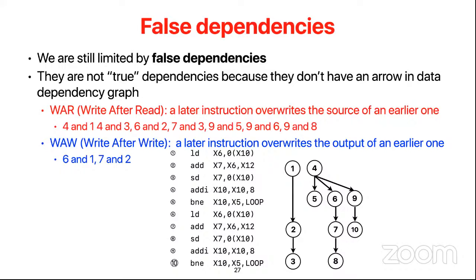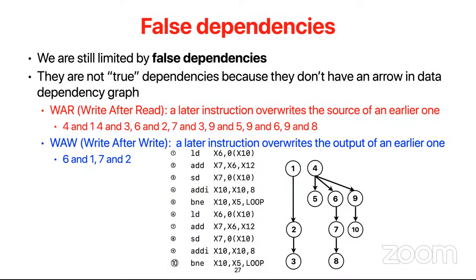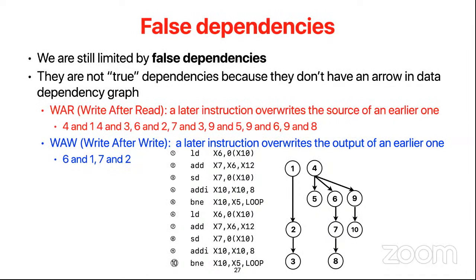They are not true dependencies because they don't really depend on the output of the other. However, there is something else in our hardware that limits the capability of reordering them. If we reorder this sequence of instructions casually, that would cause an incorrect result.